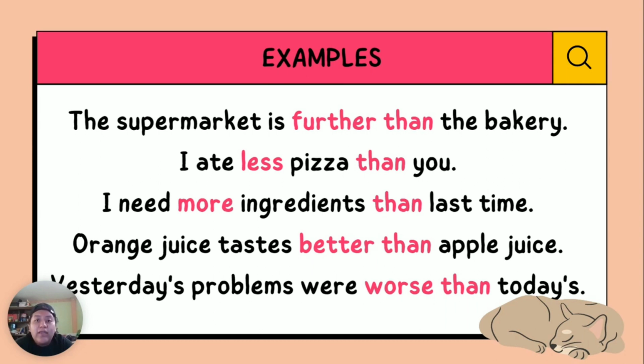I need more ingredients than last time. The adjective is many. Next example, orange juice tastes better than apple juice. The adjective is good. Next example, yesterday's problems were worse than today's. The adjective is bad.